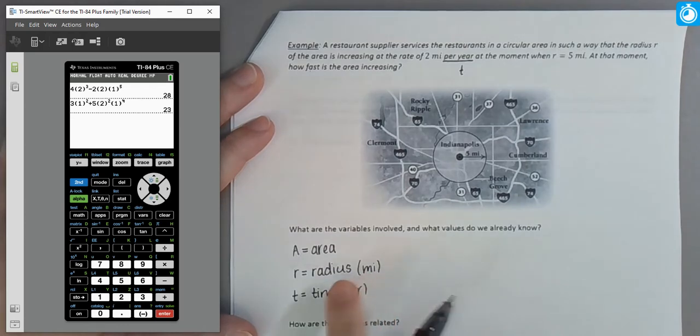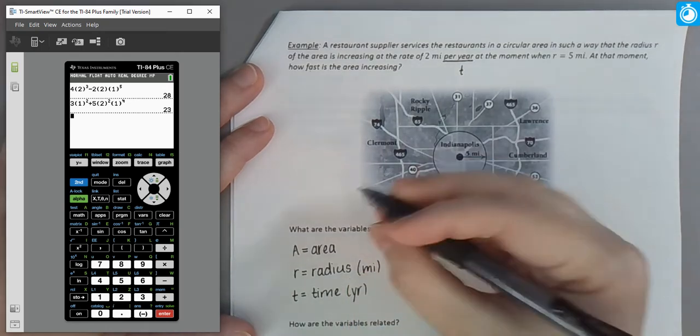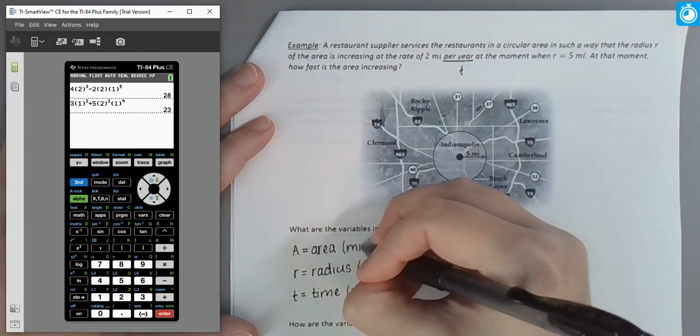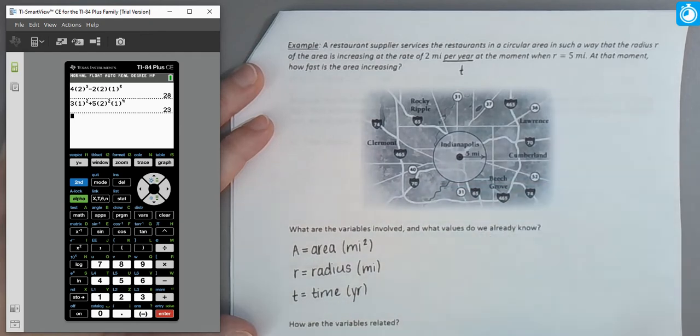Well, if the radius is in miles, area is always square units. So if length, distance is in miles, area is going to be miles squared. So there are our variables. So t affects the radius, which affects the area.